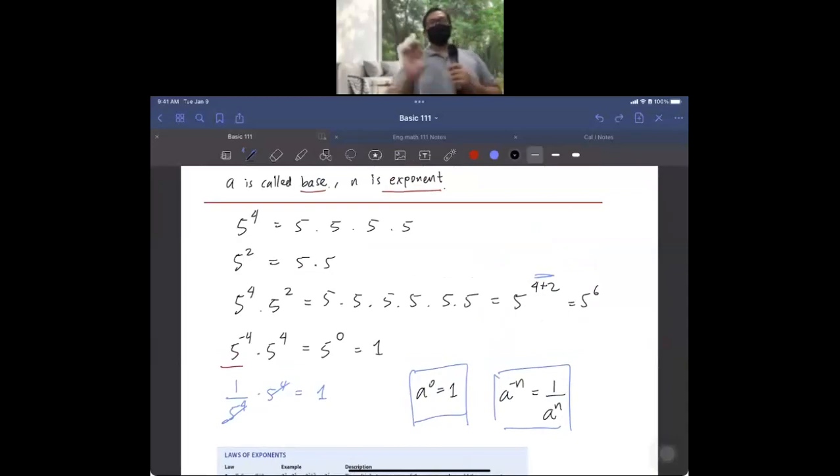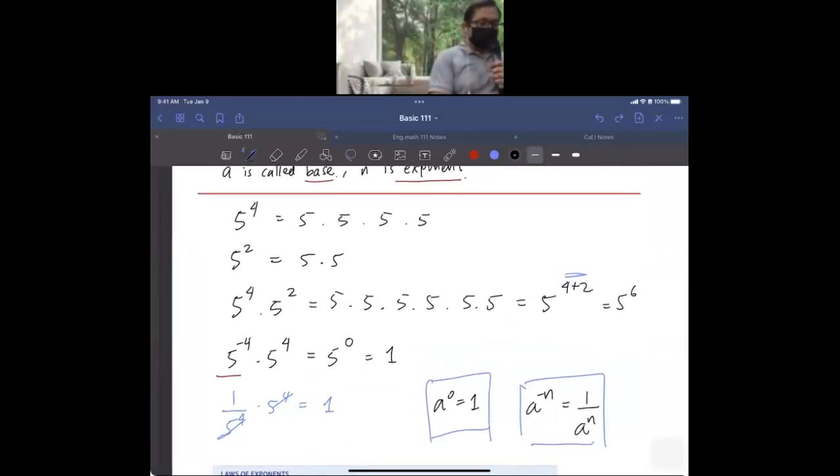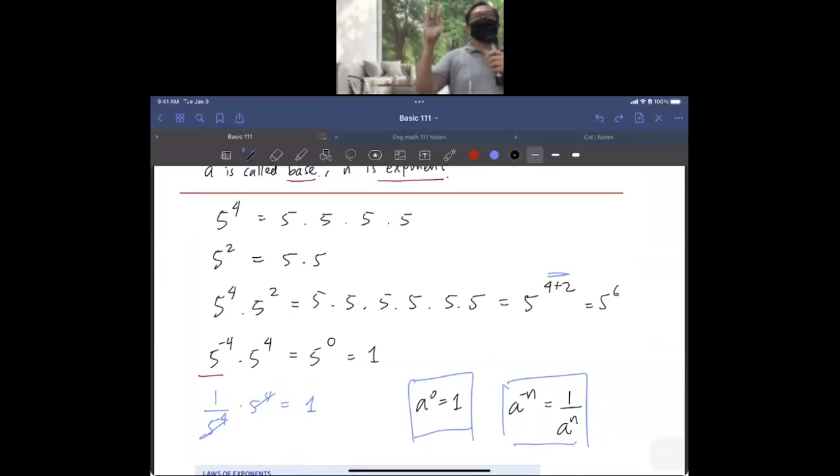So whenever you are not really sure what is happening with the exponent, one thing for sure is that the exponent is actually multiplication of the base itself, so it's easy for you to prove with some numbers that are within the definition.